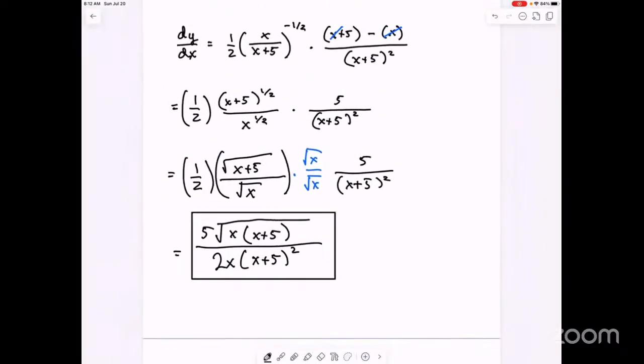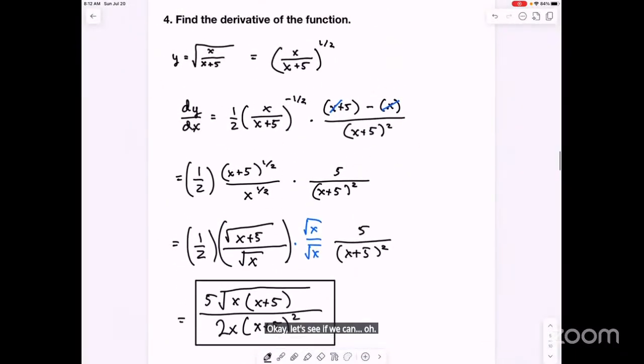Okay, let's see if we can, oh. Negative, okay.